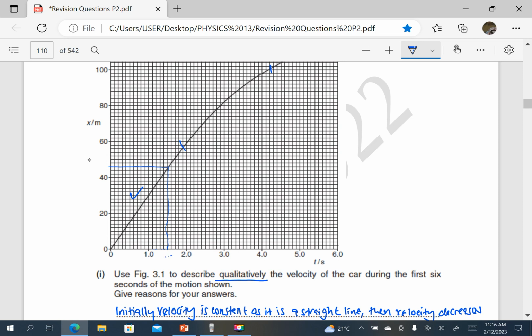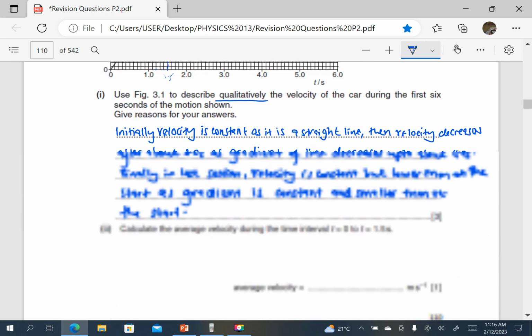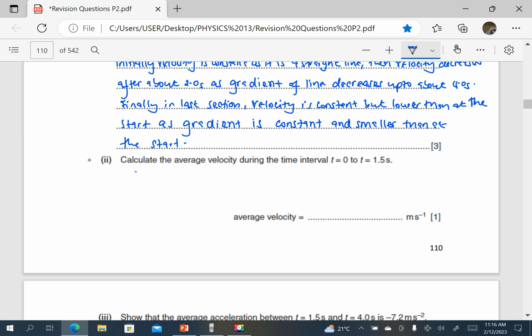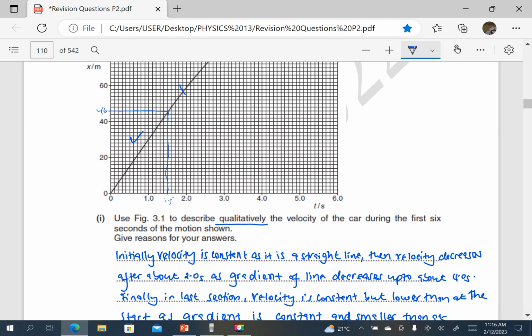Here it is 1, 2, 3, so that is 46. So velocity is equal to the gradient, and this will be equal to 40, is it 45, 46? It is in the center, it is not 46.